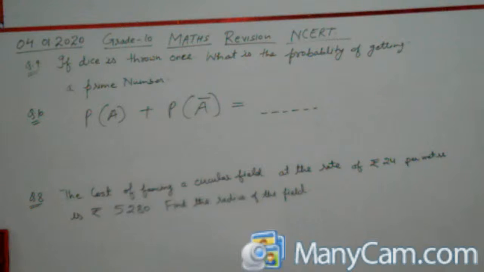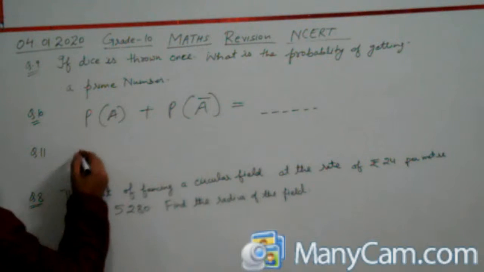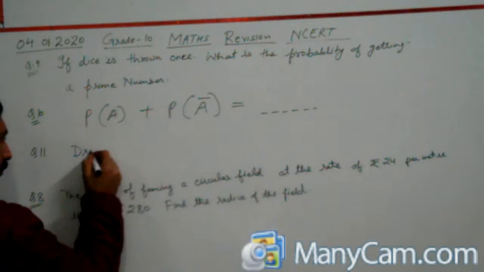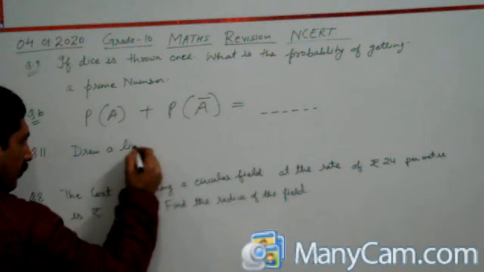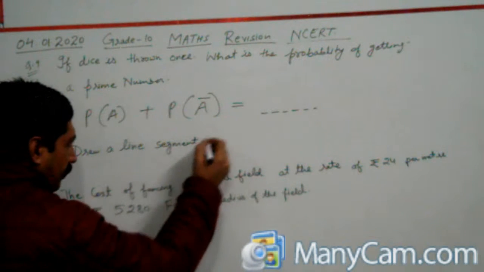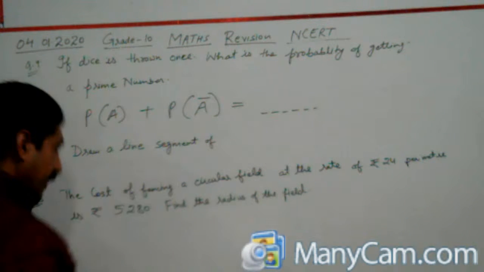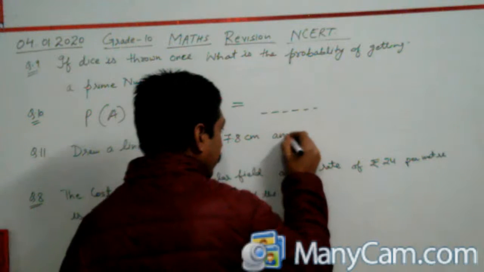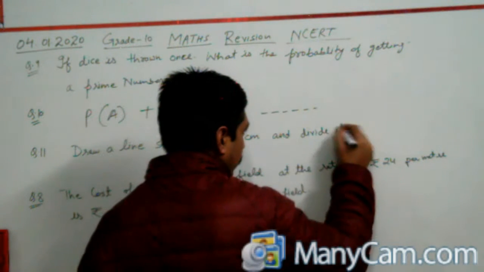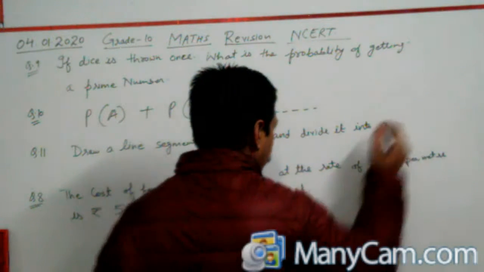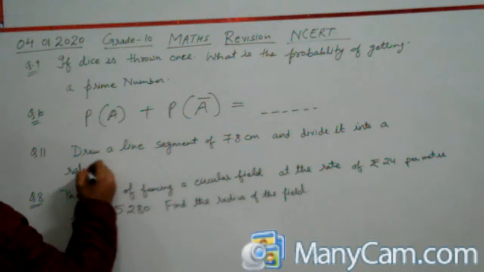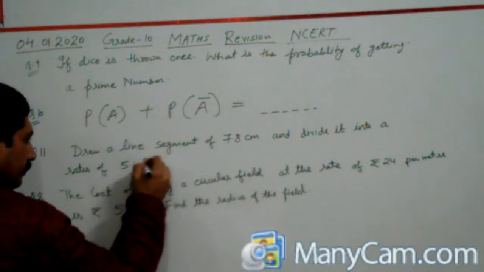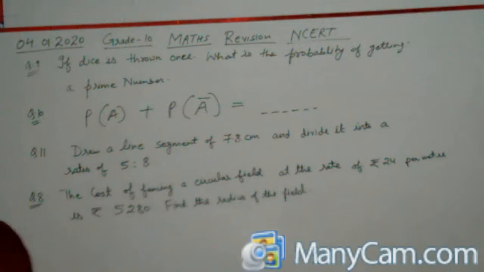Question number 11. Draw a line segment of length 7.8 centimeter and divide it into the ratio 5:8, right?